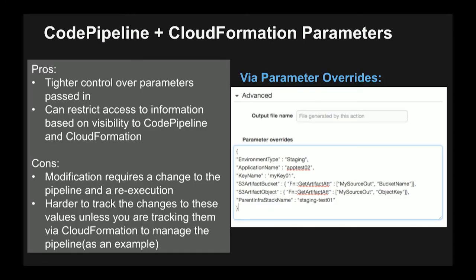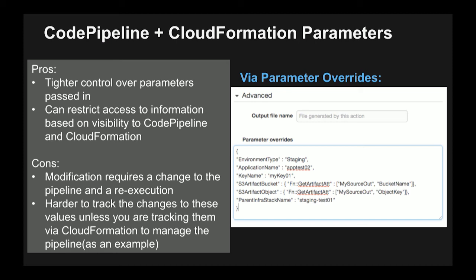And then with the parameter overrides, you get slightly tighter control over what gets passed in, and you can also restrict the access to who can edit this in CodePipeline, view it, and so forth. So you could have kind of a level of access control greater than if you were putting it into a parameter file.